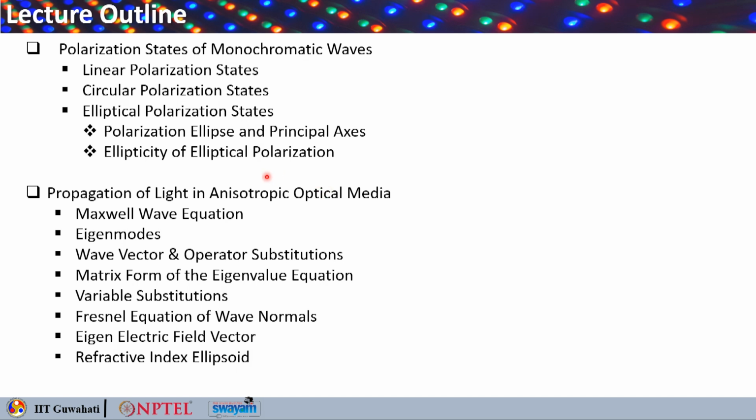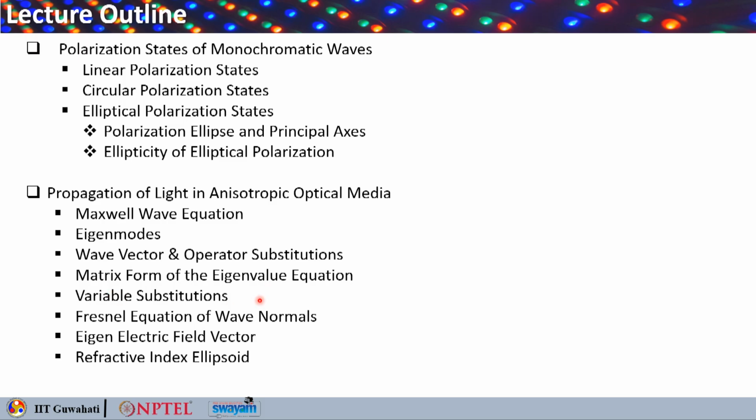Then we will move on to the discussion of propagation of light in anisotropic optical media, where we will briefly revisit Maxwell's equations. We will discuss the eigenmodes, wave vector and operator substitution. We will see the eigenvalue equation in its matrix form.